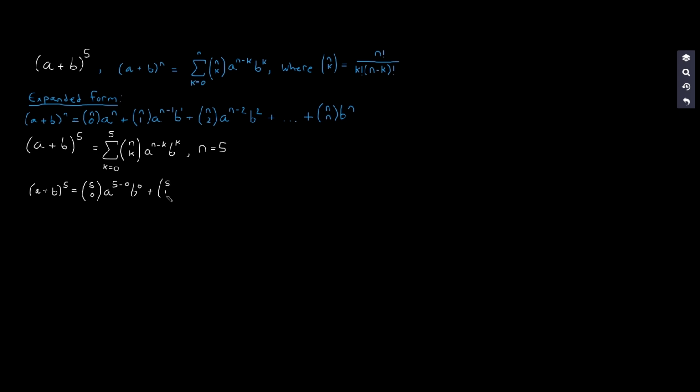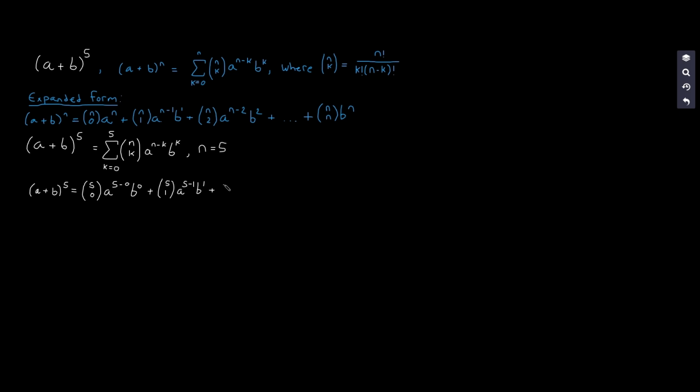plus 5 choose 1, and note how we're just counting upwards from 0. And then 5 choose 1 times a raised to the power of 5 minus 1 times b raised to the first power.